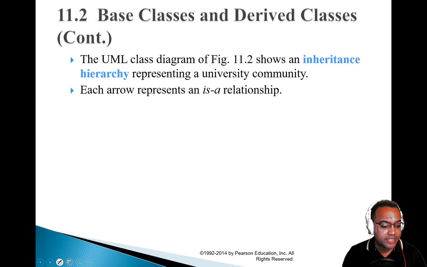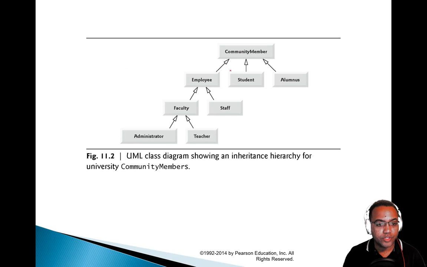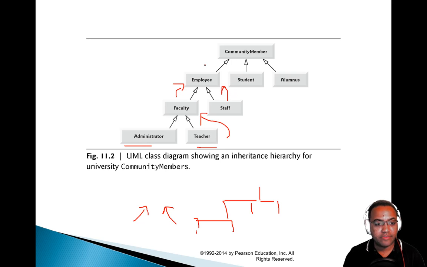And then here's the UML diagram. As I did, I drew it out kind of like this, with the inheritance happening at specific intervals. They're drawing it in the other direction. But in this case, the administrator and or teacher is part of the faculty. The faculty is then an employee, staff is an employee, and then an employee is a community member.